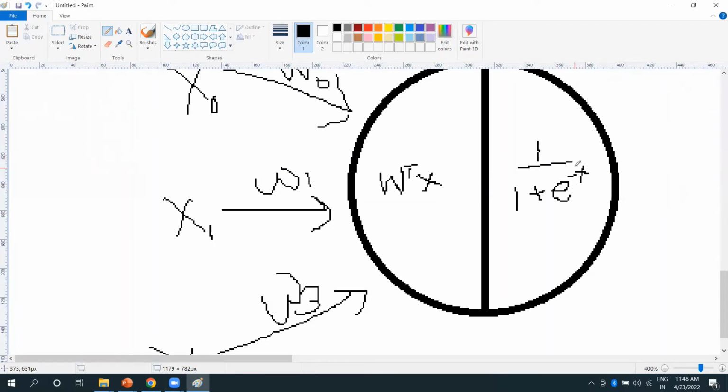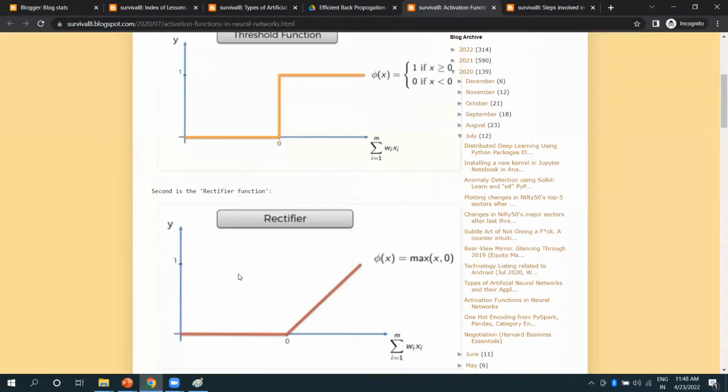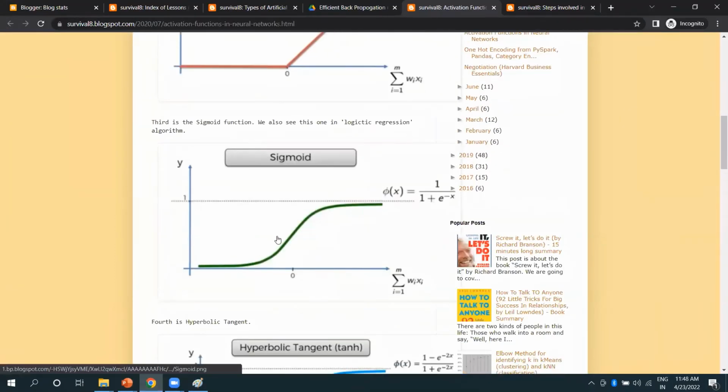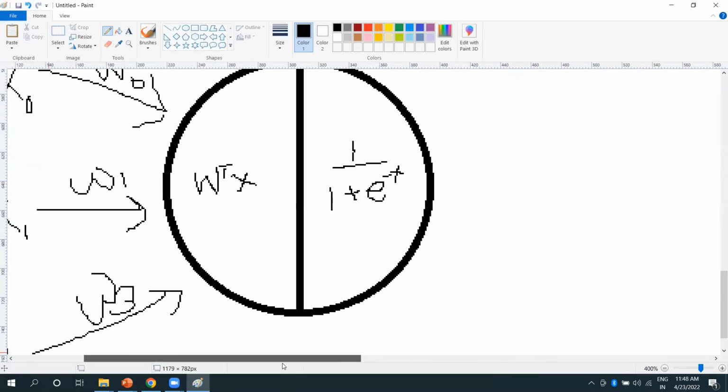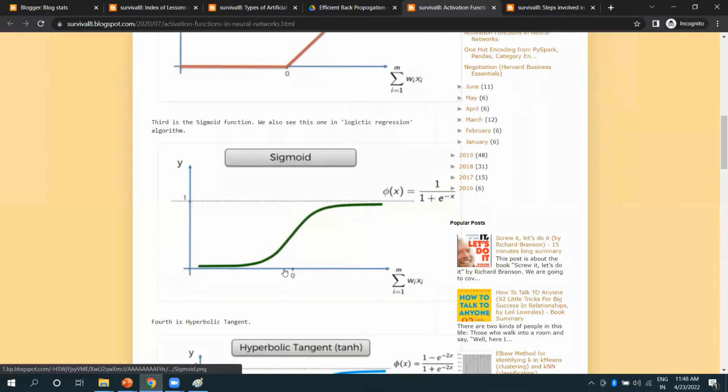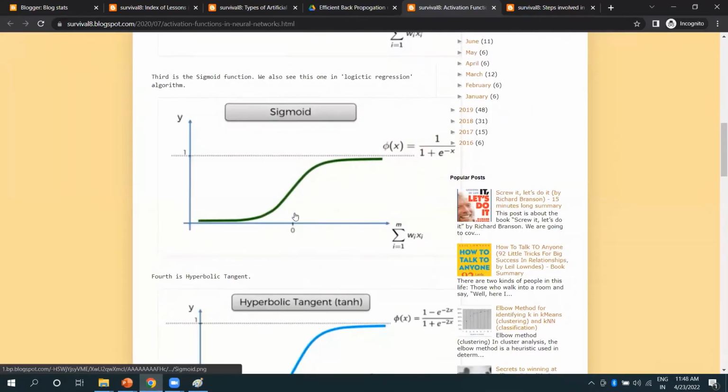If you look at the curve of it, if you give it the value of 0, if x is equal to 0, the probability is half.